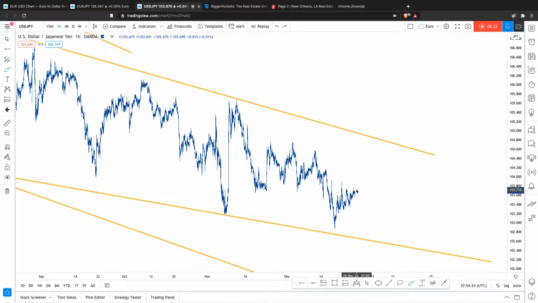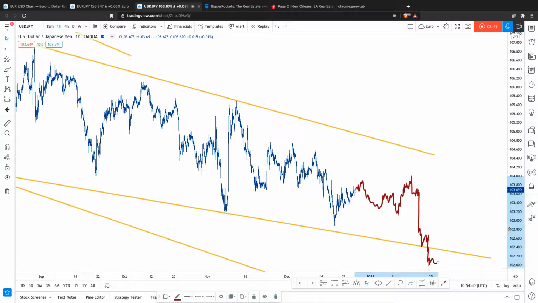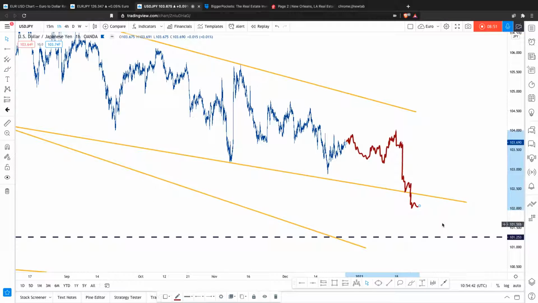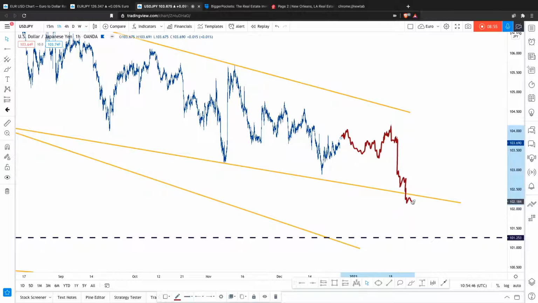But otherwise, we can also see we could do something like so and form out more of this flag. Form out more of this flag, and we push lower and continue to push out again to this larger double bottom and possible third touch of this trend line.